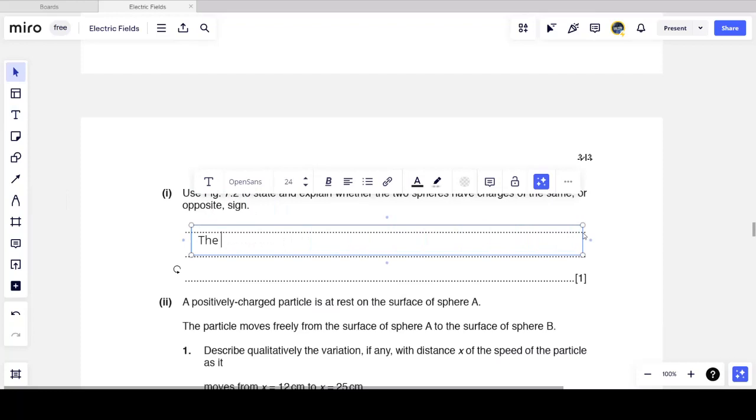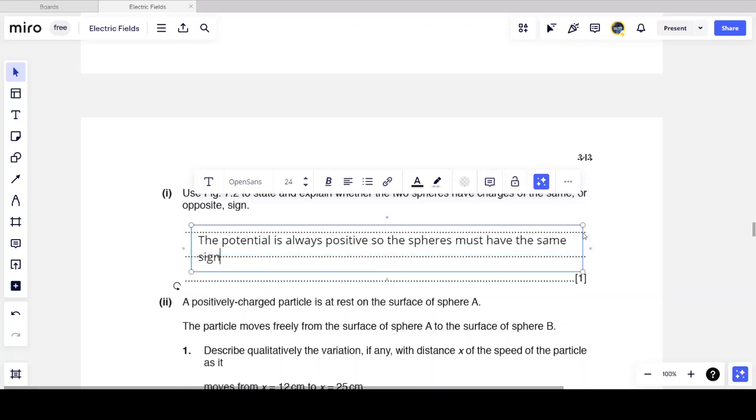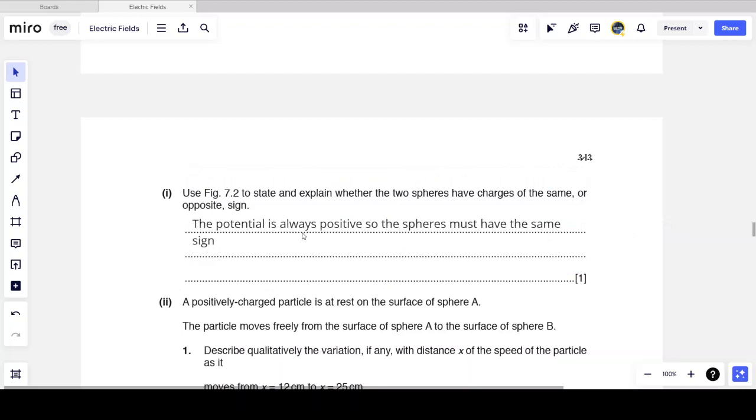So I can write it just as that. Since I know that this is a scalar sum, I can simply say that the potential is always positive. So the spheres must have the same sign. Or you can say specifically that the spheres must both be positively charged. So the spheres must have the same sign. The potential is always positive.